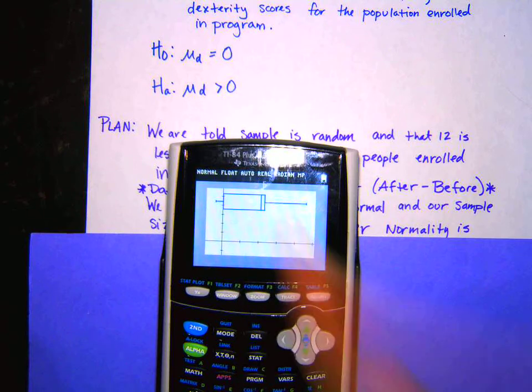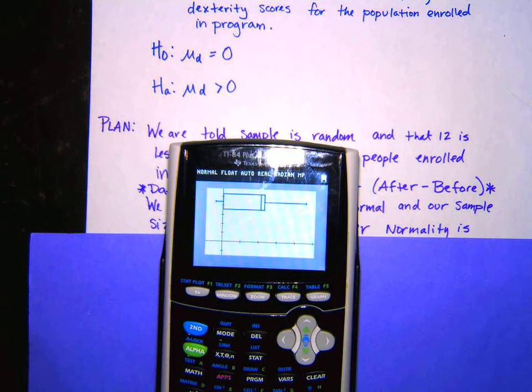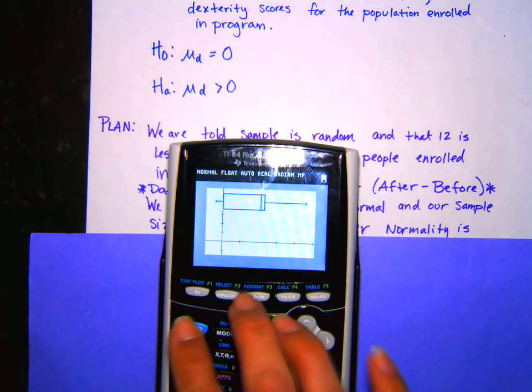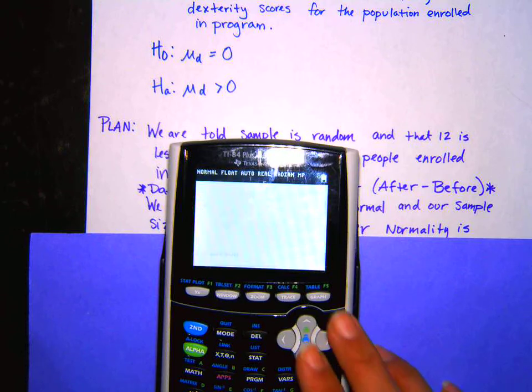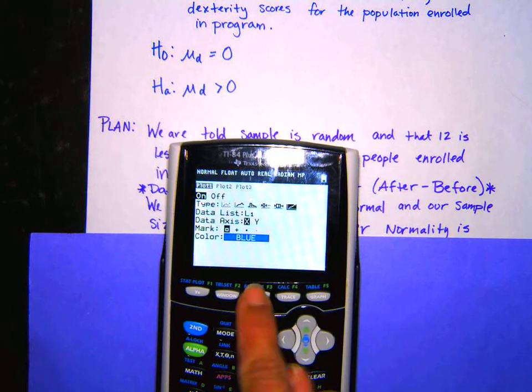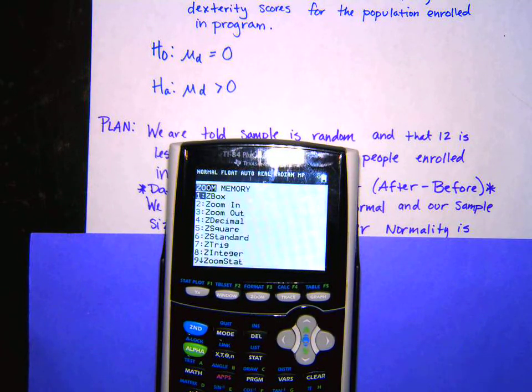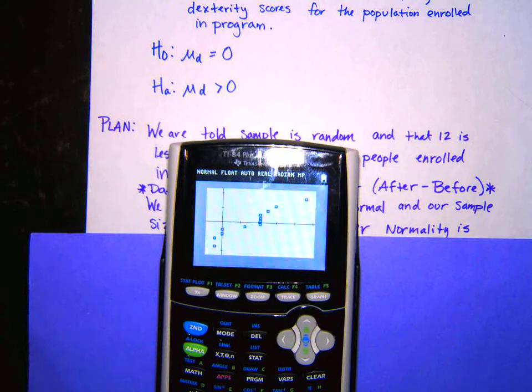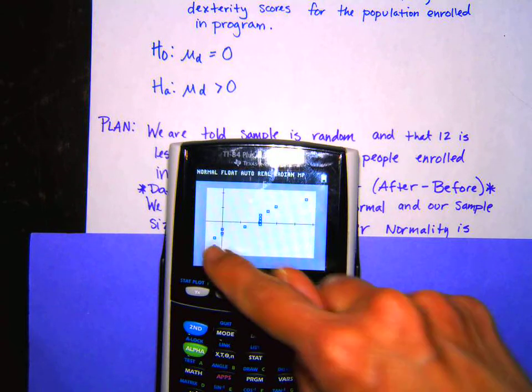So the last thing I'm going to check, just to make sure I can assume that this is nearly normal, is the normality plot. Remember, with the normality plot, we're just seeing that the data is fairly linear, that there aren't any definite patterns. Overall, this data isn't perfectly linear here.